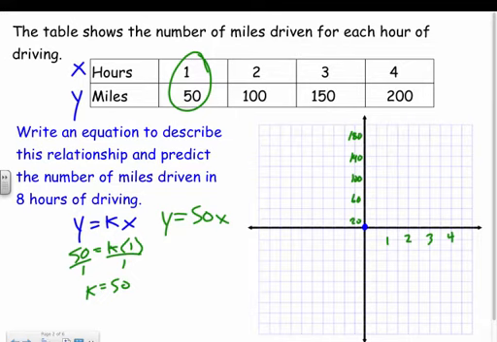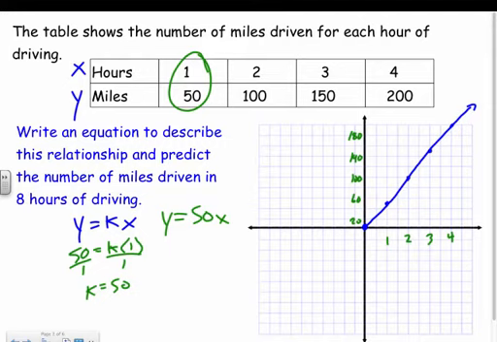And let's graph these. So I got 50, and I got 2, 100, and I got 3, 150, and 4, 200. So it's going through the origin. It should make a line, okay, because these are all linear.